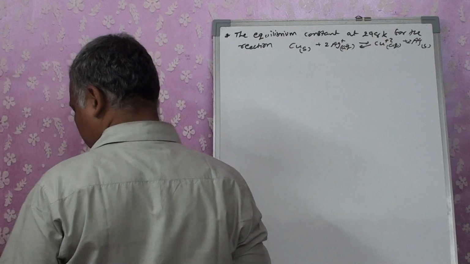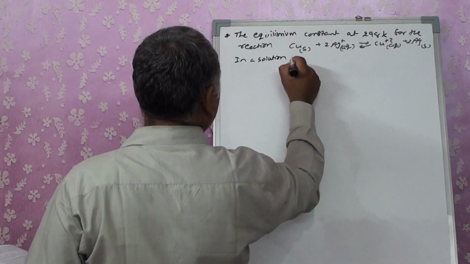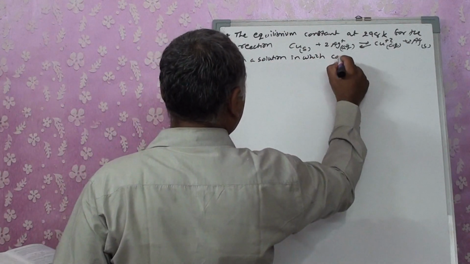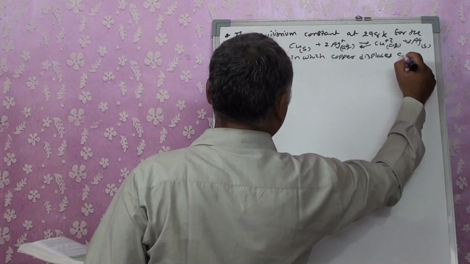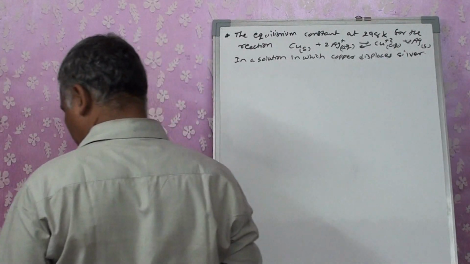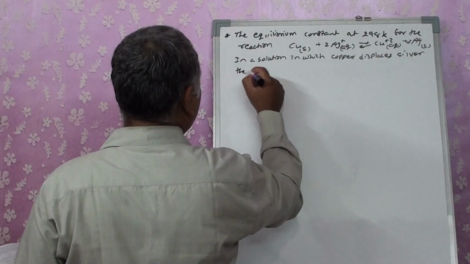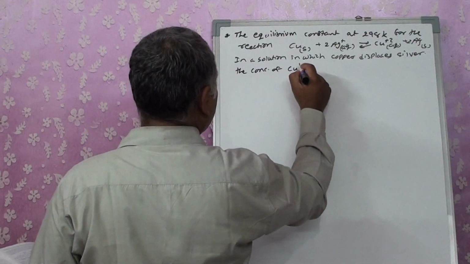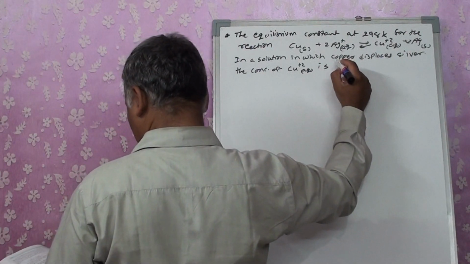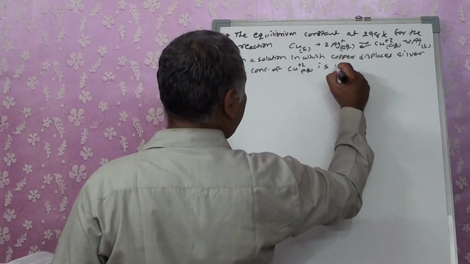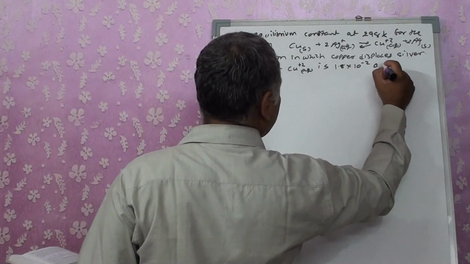In a solution in which copper displaces silver, the concentration of Cu2+ is 1.8 into 10 raised to minus 2, and the concentration of Ag+ is 3 into 10 raised to minus 9.